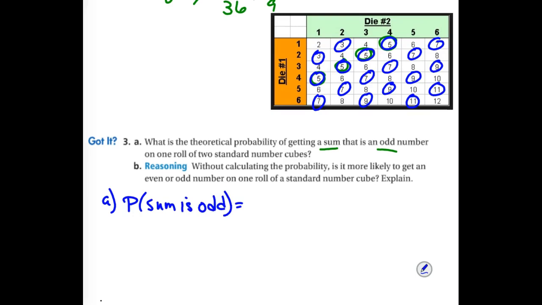How many did you come up with? 18 out of 36? So what is that probability?